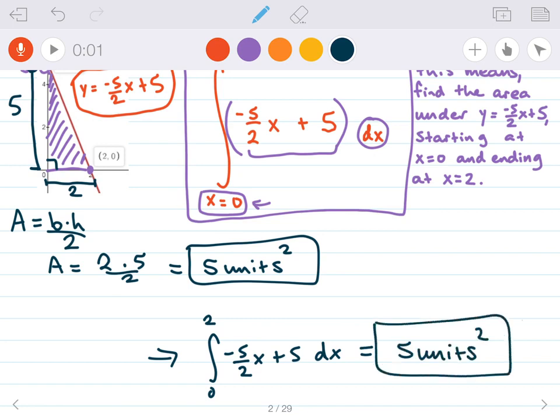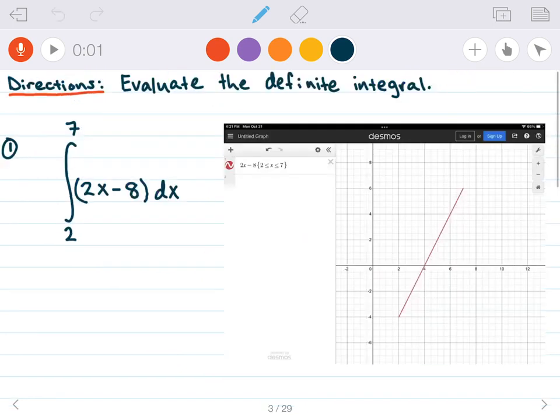All right, so here again, we're going to evaluate this definite integral. Later on, I'm going to talk about definite versus indefinite, but for now, just know that definite has these starting x and ending x values.